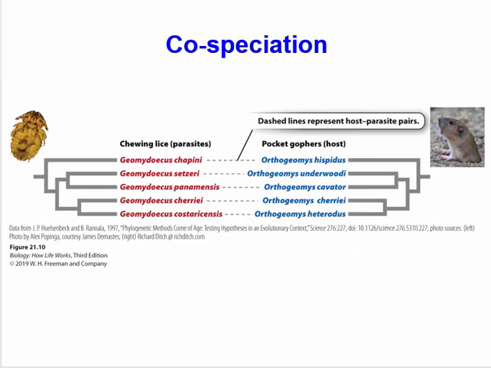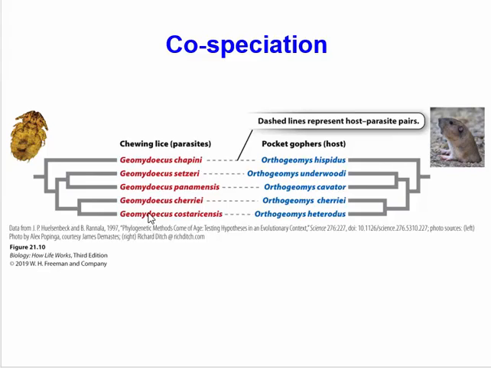Now, as a disease biologist and parasitologist, one of the things that we see in these fields is something called co-speciation, where you have these parasites, like these chewing lice, for example, that are very tightly associated with their host species. And when the hosts diverge phylogenetically, we actually see that line up with the divergence of these lice species.